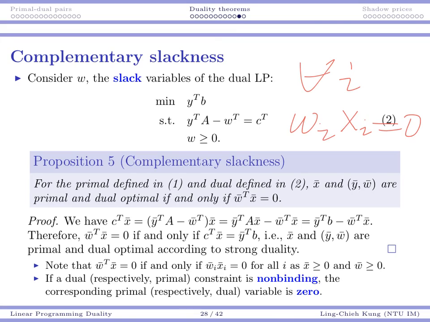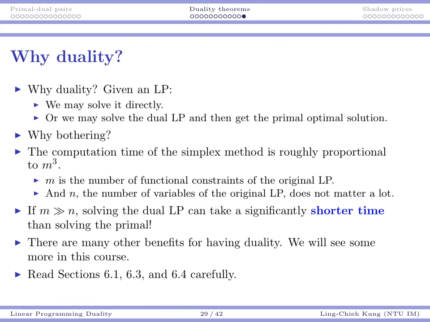Or if you have a primal constraint that is non-binding, then the corresponding dual variable must be 0. So you may want to ask, well, that sounds to be true, but why do we want to know that? There are some reasons that we will mention when we give you exercises.